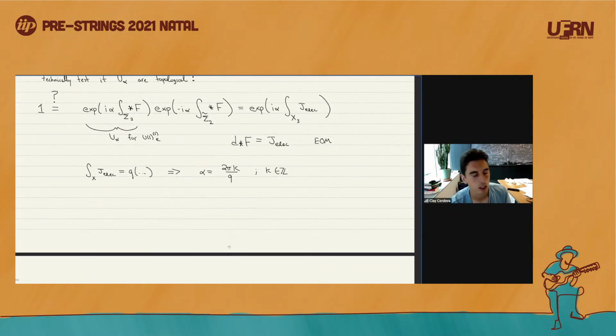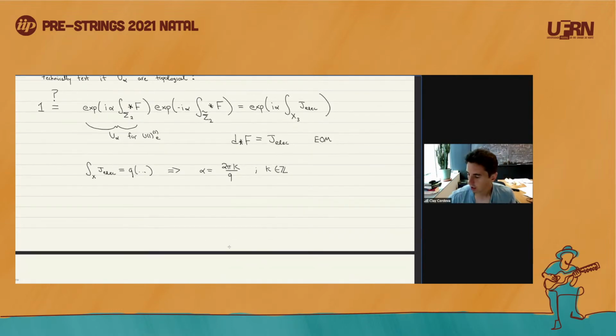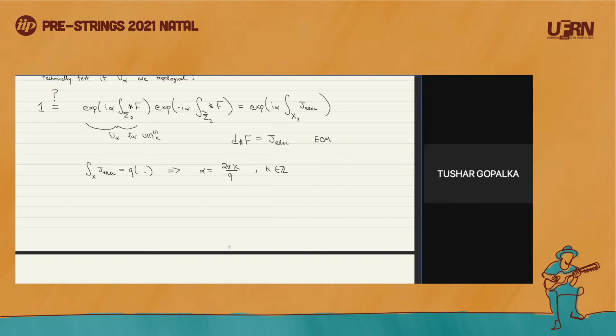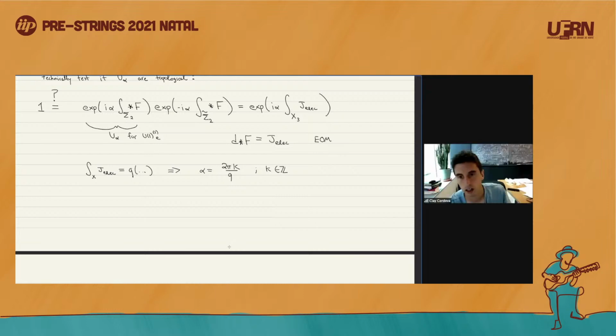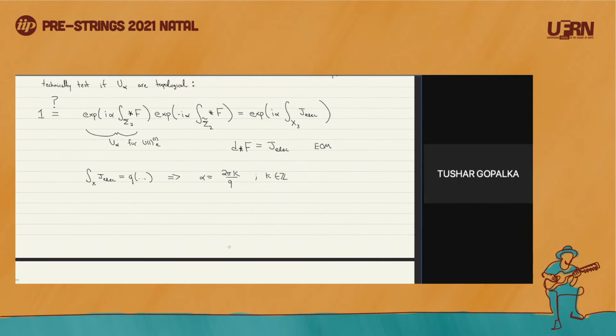Okay, so we learned about the one-form symmetry in Maxwell theory and in QED, where we have electrons of various different charges. A small clarification: in this equation of motion, star F is a 2-form. Sorry, I'm mixing conventions here.